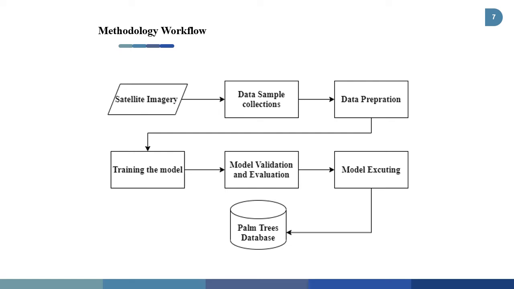We use the satellite imagery to collect the samples, then prepare these samples and make them ready to feed and train the models. Then once we have the model, we validate and evaluate it. Once we are satisfied with the result, we execute the model to detect the palm trees in our area of interest.